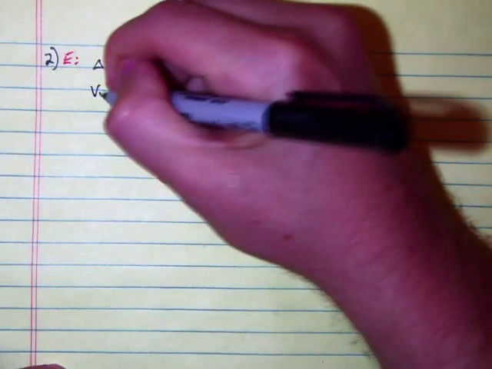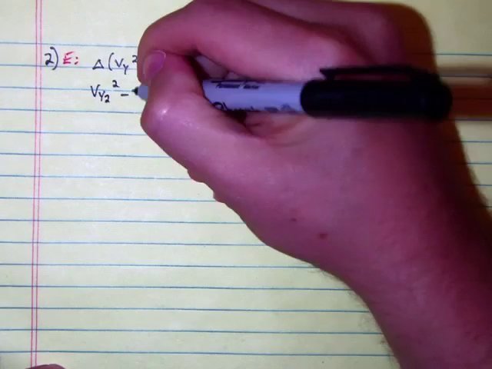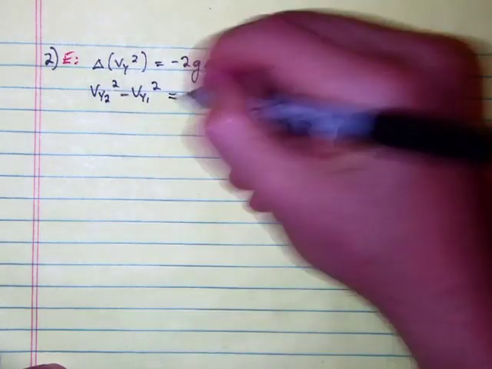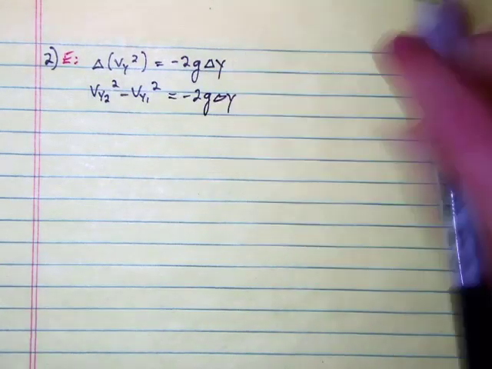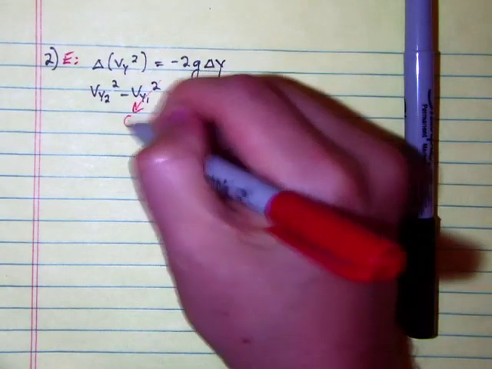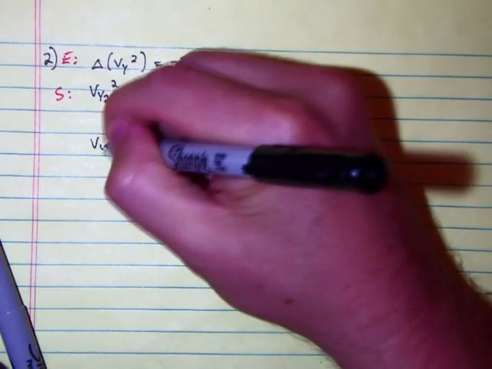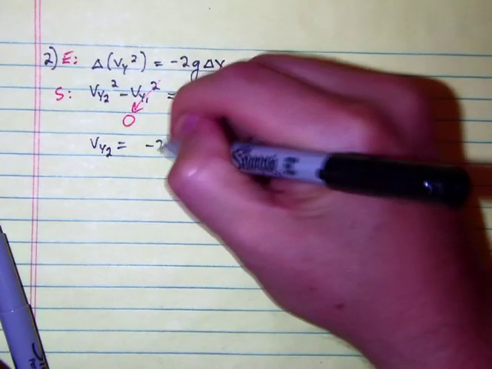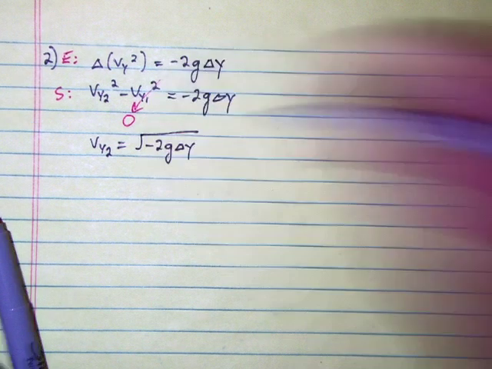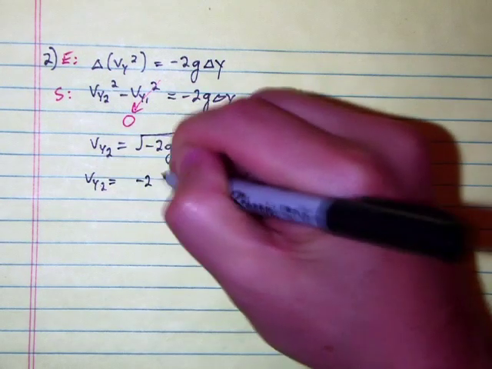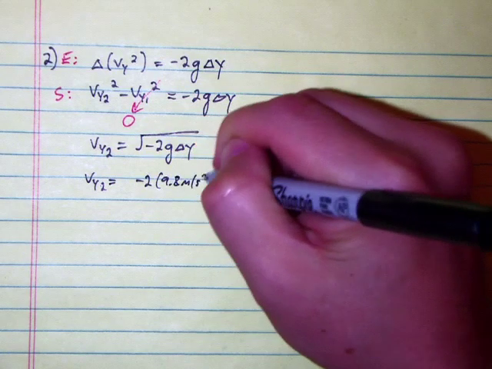All right, let's rearrange that. So this is Vy2 squared minus Vy1 squared. That's what this left-hand side means, equals negative 2g delta y. Vy1 is 0. So to rearrange to solve for what we want, Vy2, just take the square root of both sides: negative 2g delta y, square root of that whole thing. So Vy2 is negative 2, g is 9.8 meters per second squared.